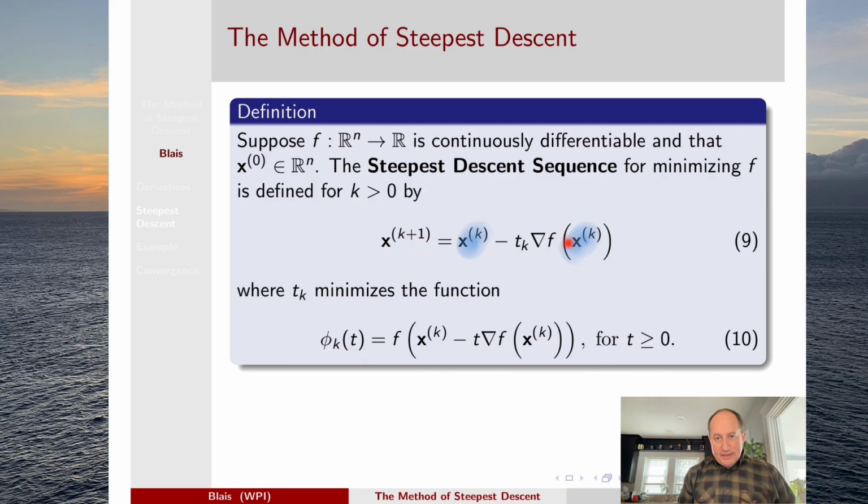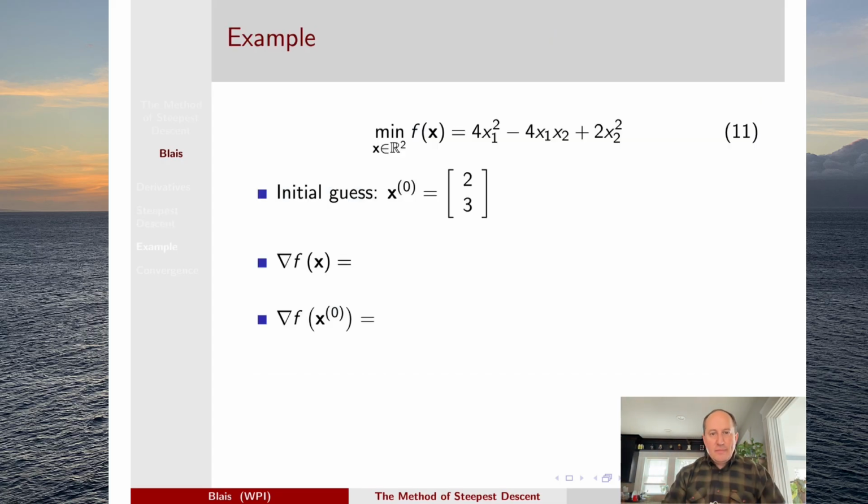Xk plus 1 is this step of size tk in the direction of the negative gradient, where tk minimizes our objective function with the restriction that we mentioned on the previous slide. So the work will come in determining the best step size t, which we call, again, tk. That gives us the official definition of the method of steepest descent.